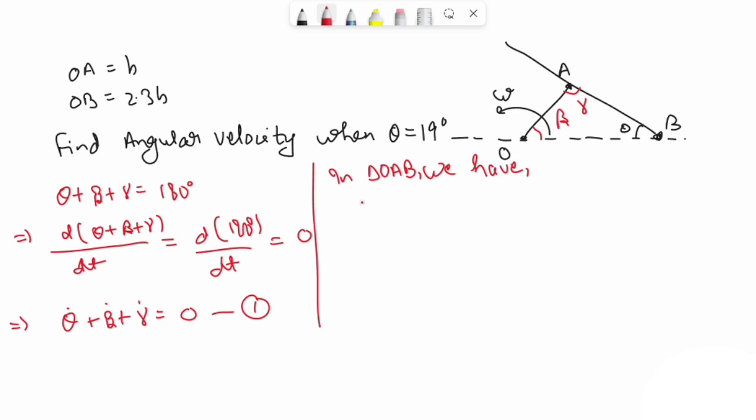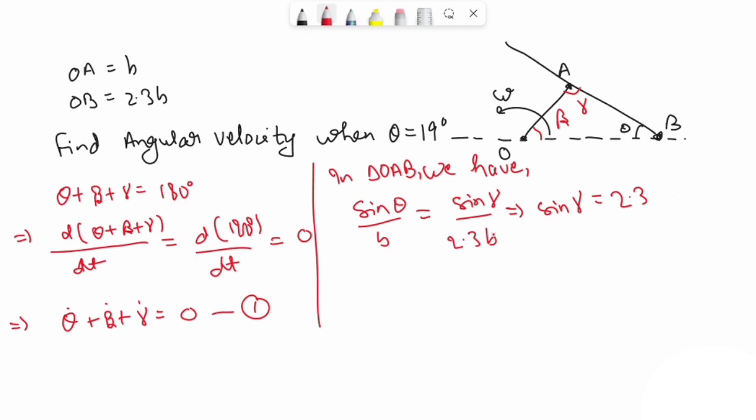Okay, so using Lami's theorem, or you may say the sine rule, we have sine theta divided by b equals sine gamma divided by 2.3b.